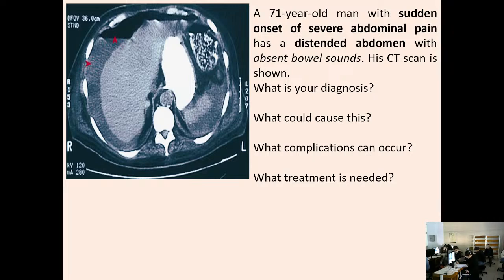Cancer can never do that. If the cancer affects the peritoneum, it gives carcinomatosis, and we have ascitic fluid. How can air be justified in the abdomen? This is the rupture.